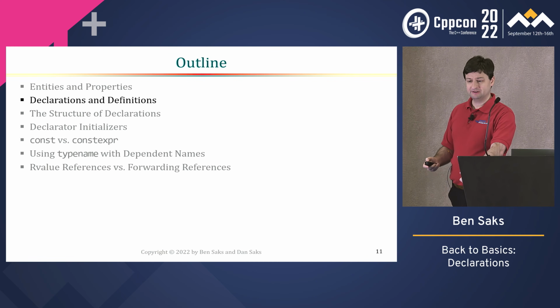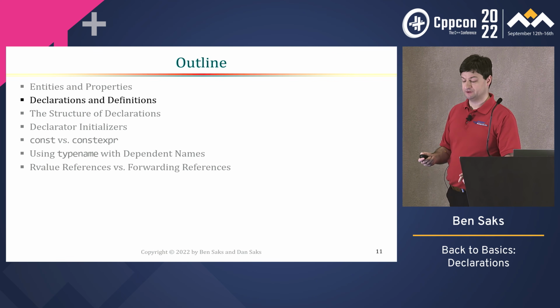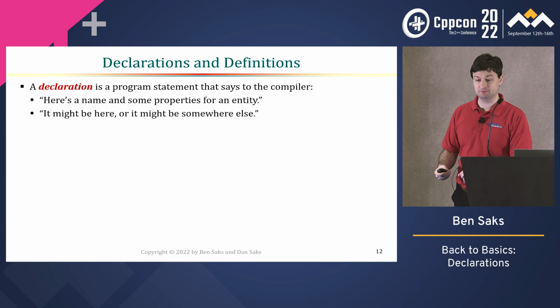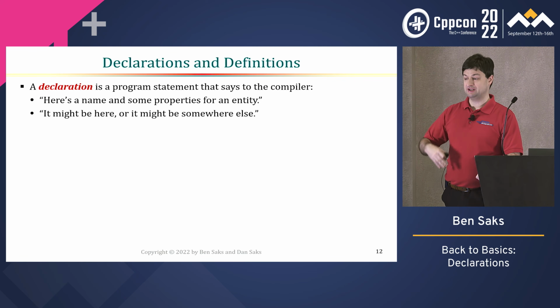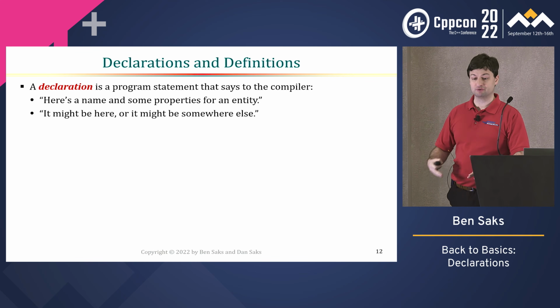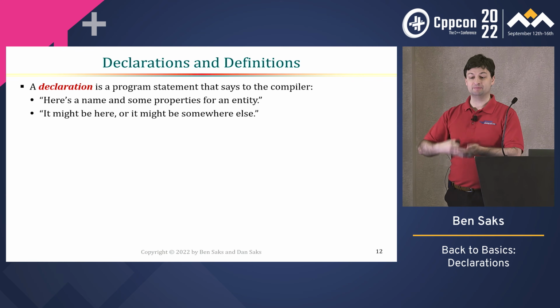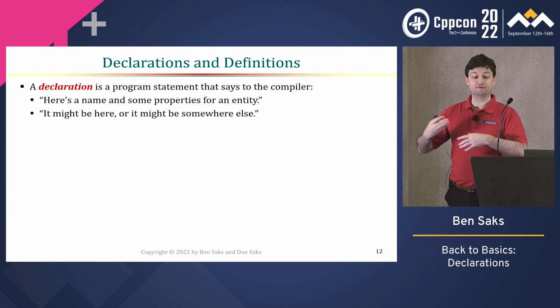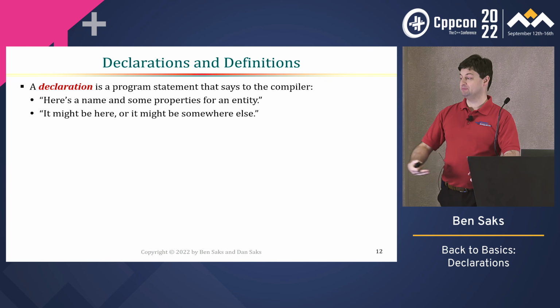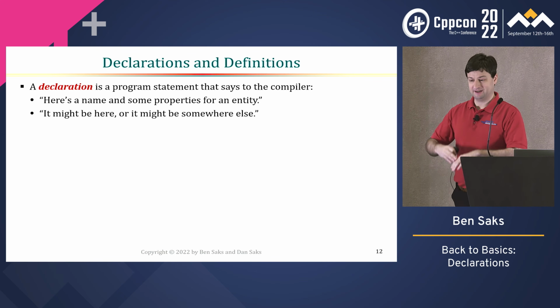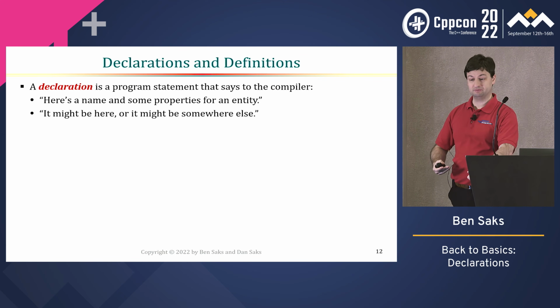Okay. A common source of confusion in the language is the distinction between declarations and definitions. A declaration introduces a name into the program and provides the compiler with some information about the entity being declared, not necessarily a complete set of information.